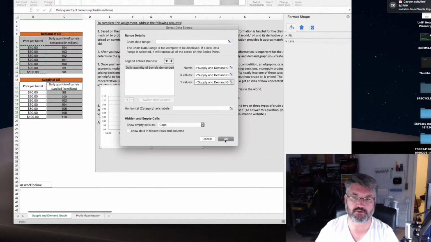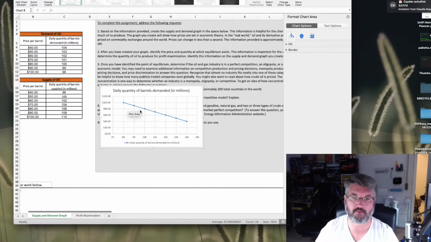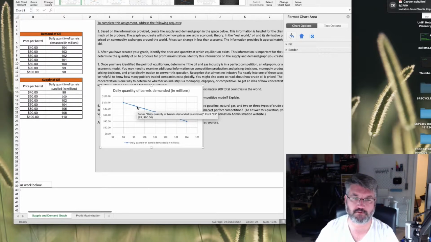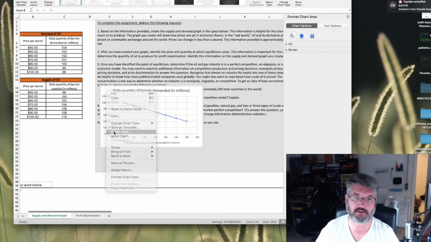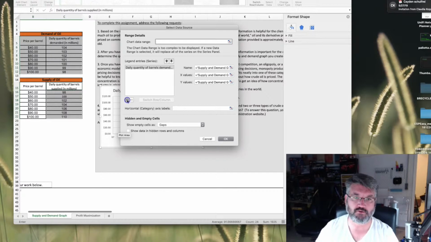Then we should see the graph in its proper form, which is a downslope for price versus quantity. Now we go back, right click on it again and select the data, and create another series, which is the quantity of supply.